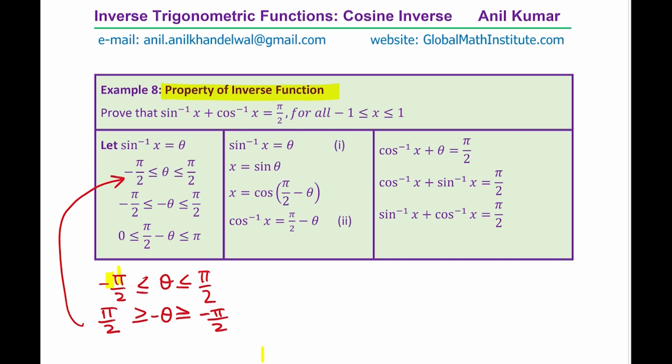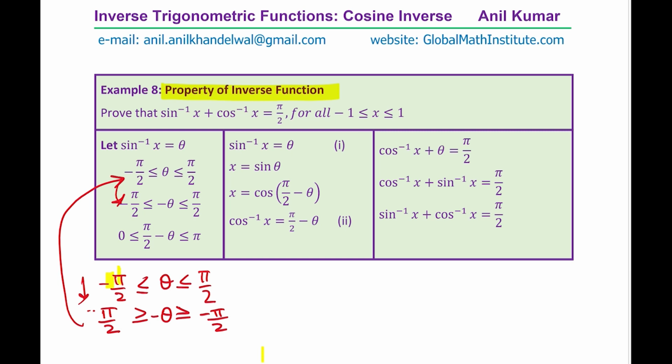Is this point clear to you? I've seen many students do not understand this step, and therefore I've made it absolutely clear. So now we have minus theta, which is greater than or equal to minus pi by 2, but less than or equal to pi by 2.